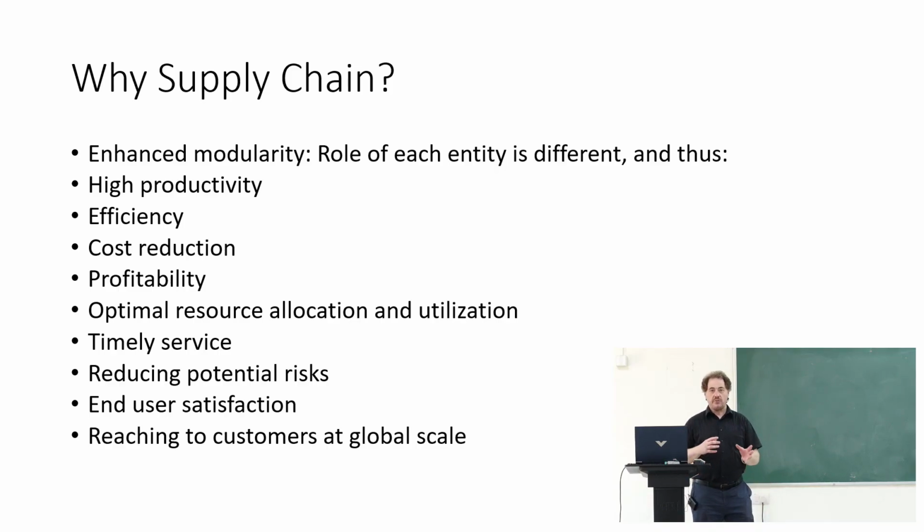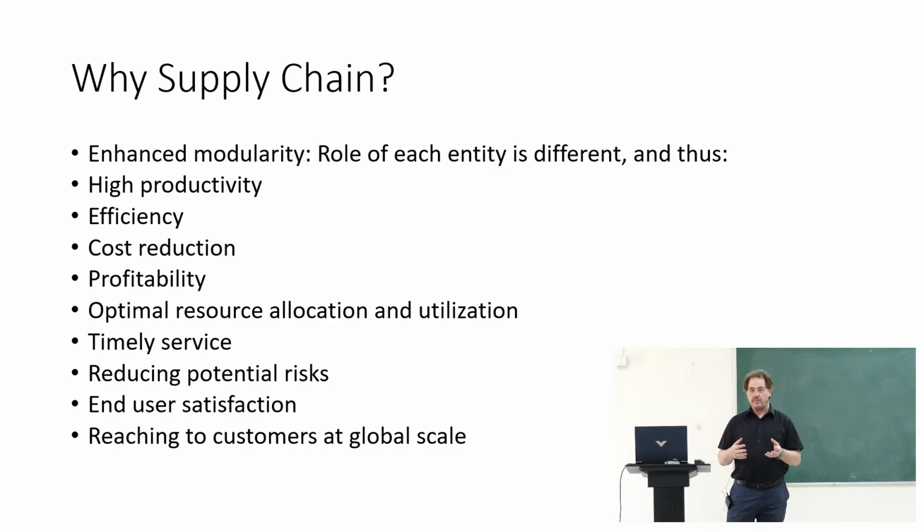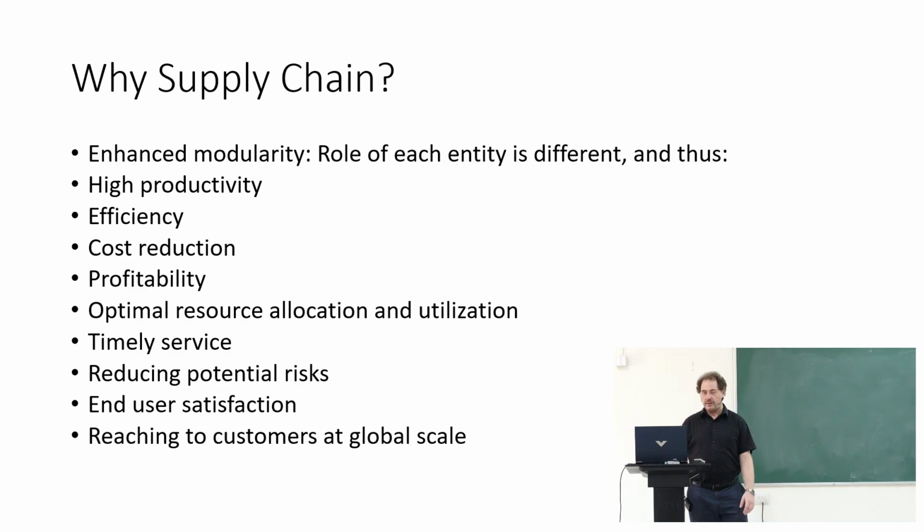And there is a need to regulate the relations between those entities, right? By regulating the relations between the entities in the supply chain, we can get higher productivity, better efficiency, and accordingly better profits.